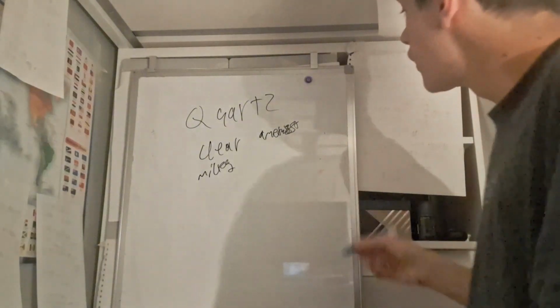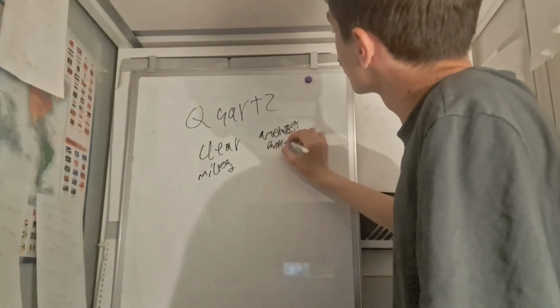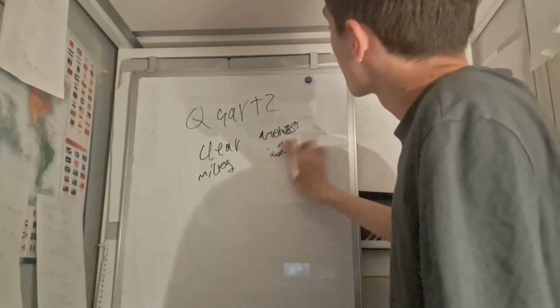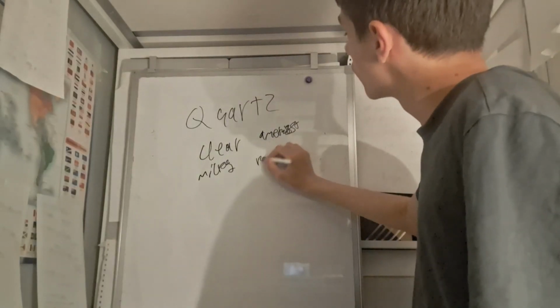Amethyst can be formed, I'm pretty sure, by aluminum impurities. Otherwise you could just call it quartz, which is kind of boring, so amethyst is cool. Then remember we had red quartz.